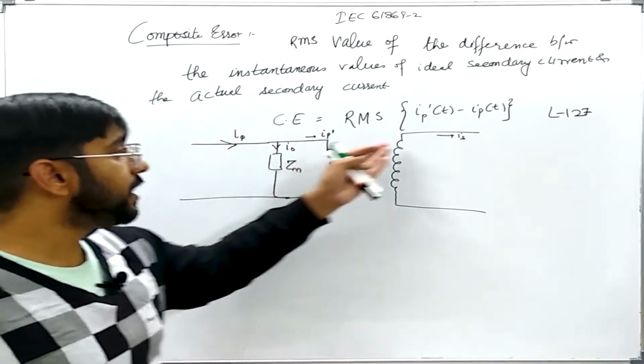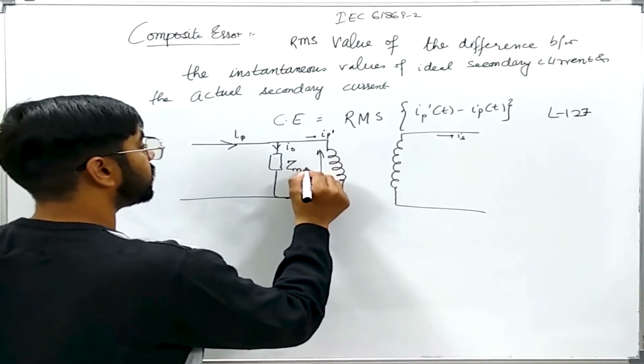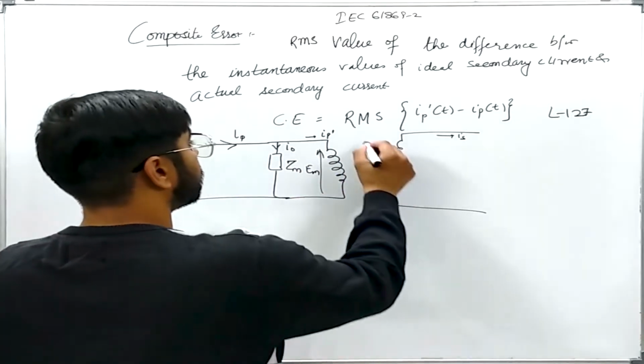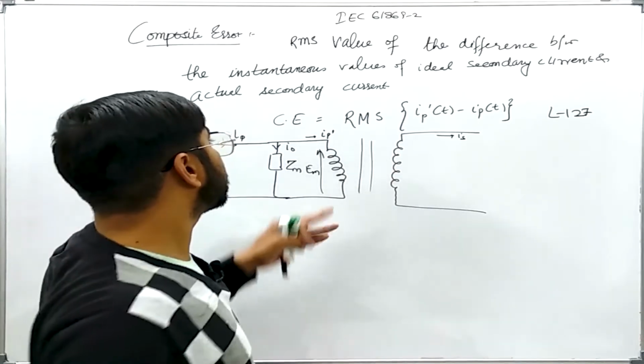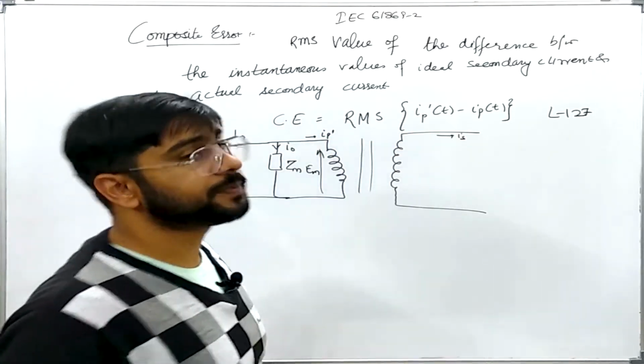So these are the various terminologies, and this voltage is EM. Okay. So you can see that composite error is the RMS value of the difference between these.